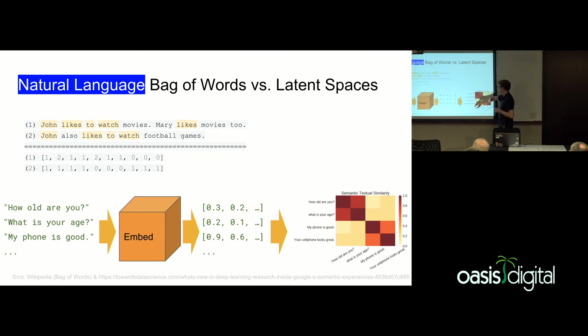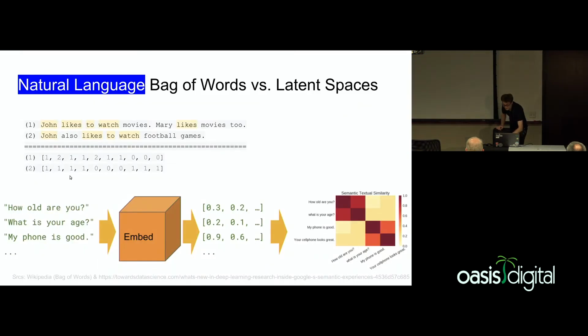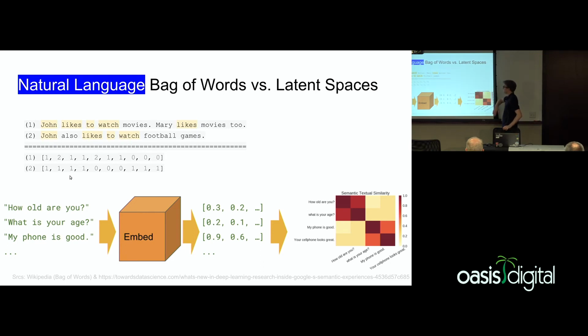So we can see that how old are you and what is your age are considered very similar, even though they don't have any overlap in the exact words they use. But if you compare how old are you to my phone is good or your cell phone looks great, these are very dissimilar. So the latent space representation is actually capturing the semantic meaning of the sentence rather than the exact way that the person expressed the meaning.